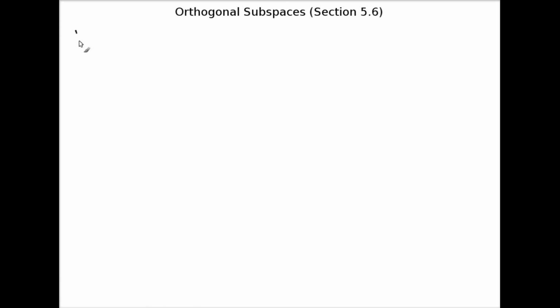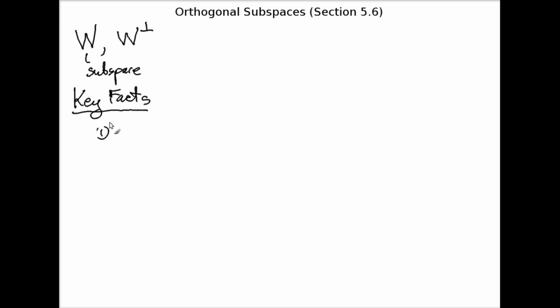Okay, so suppose you have a subspace W and you have this W perp. In the previous example, W was a subspace, and W perp was a line, which was also a subspace. And of course, that's a general fact. So there are two key facts about the orthogonal complement.